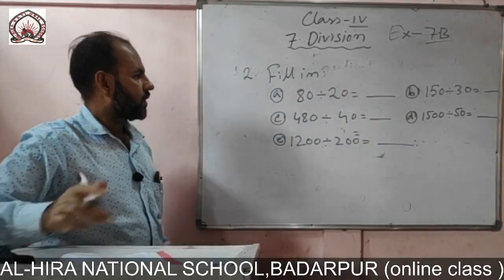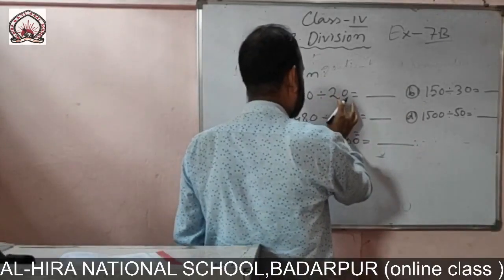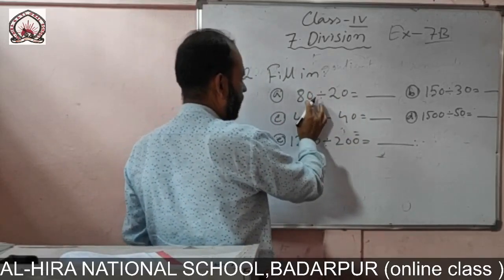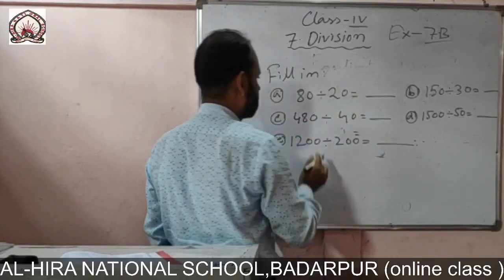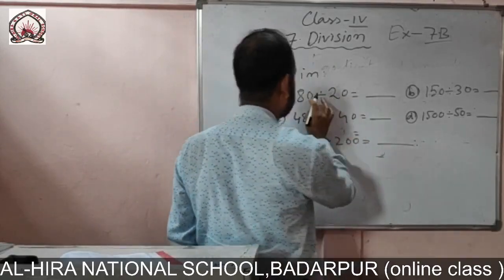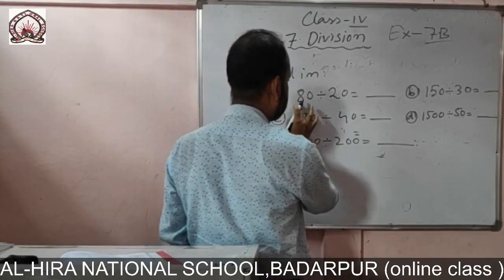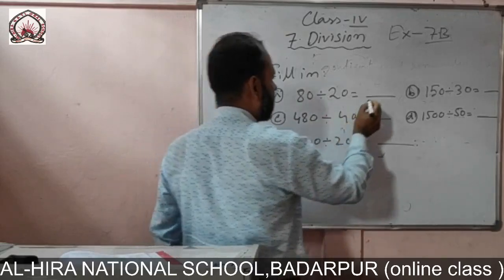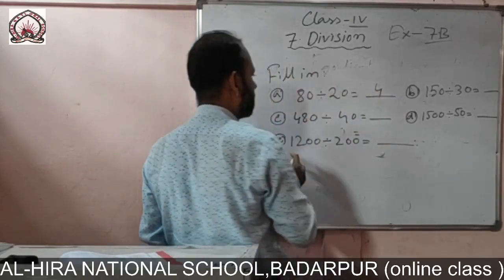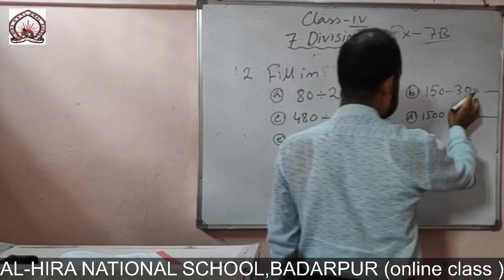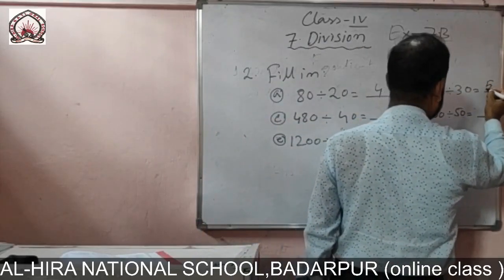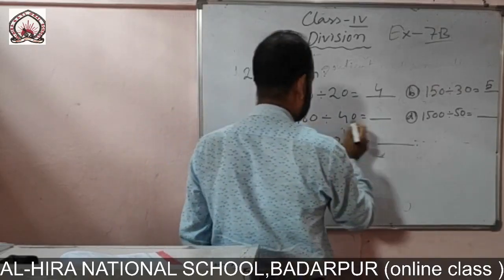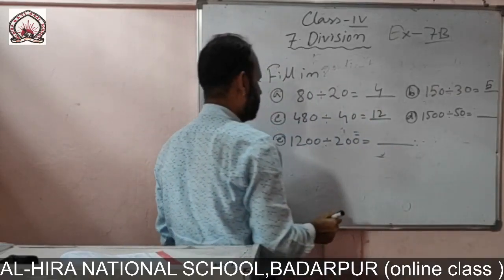Now we solve. So here 80 divide 20. If we leave here 0, there also 0. So we leave this 0 and 0. Then what remains? 8 and there is 2. 2 fours are 8. So answer is 4. They are also same. 3 fives are 15. They are also same. 12 fours are 48.